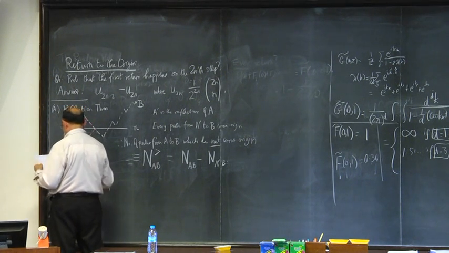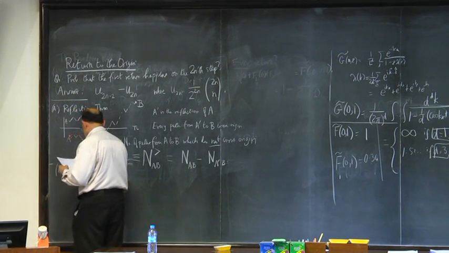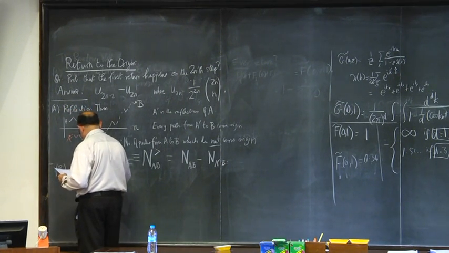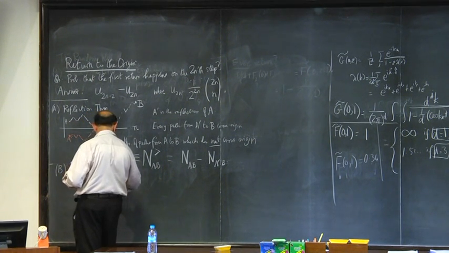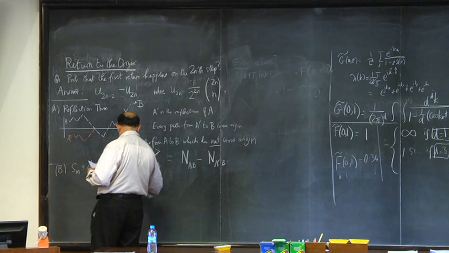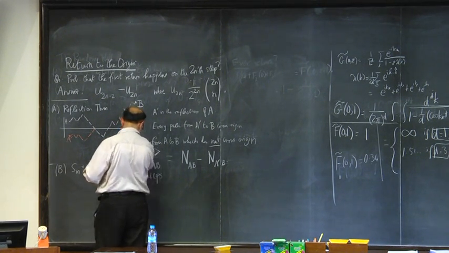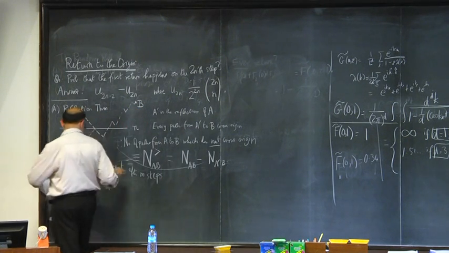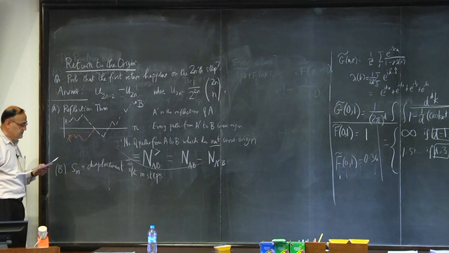Let Sm be the displacement after m steps. S is because it's a sum over individual steps, but it doesn't matter. S is the displacement after m steps.